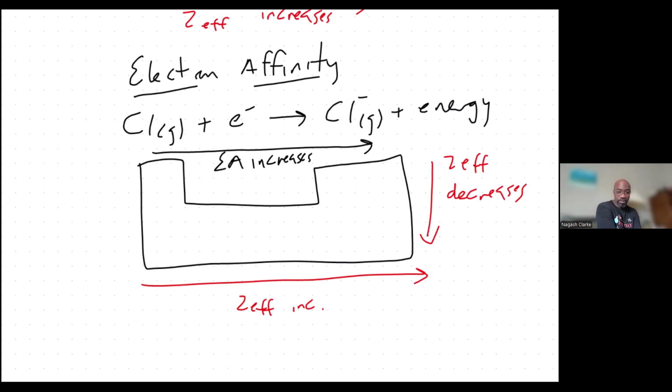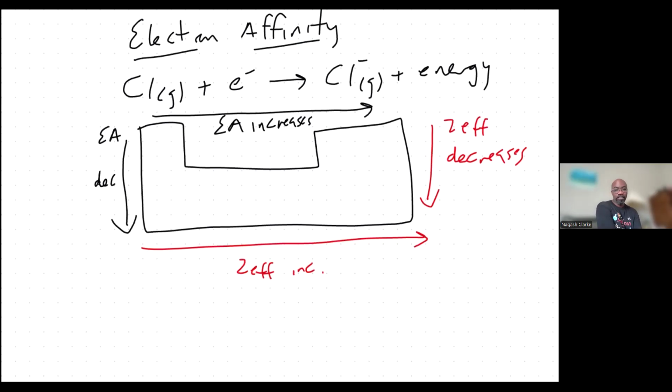As we go down, what happens to EA? EA also decreases because there's less pulling of electrons because we have a lesser effective nuclear charge. So EA and ionization energy, they move the same as you go down and across the periodic table, but for different reasons.